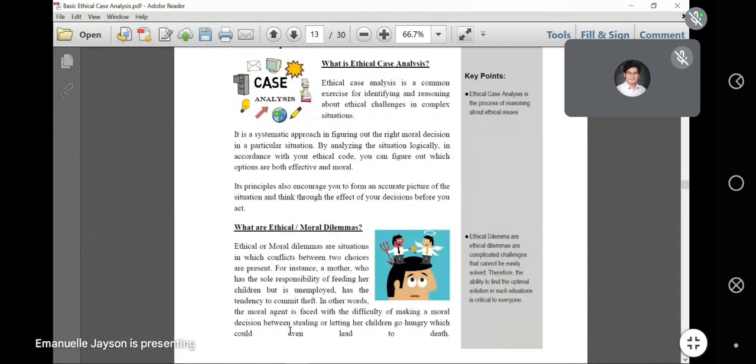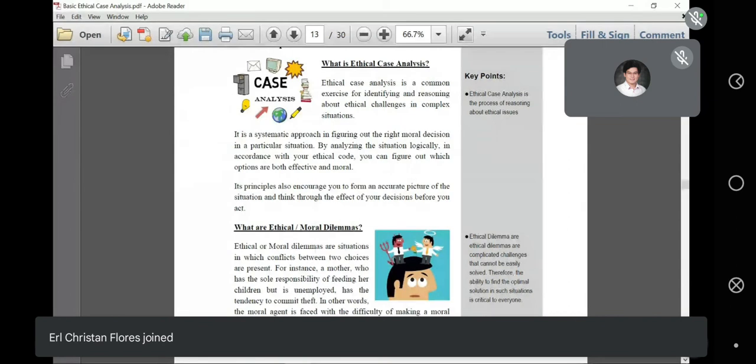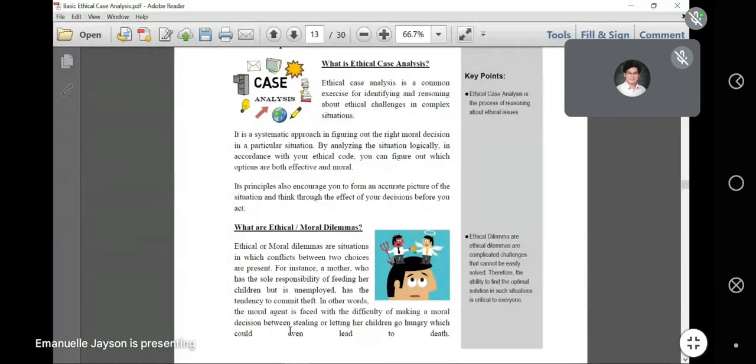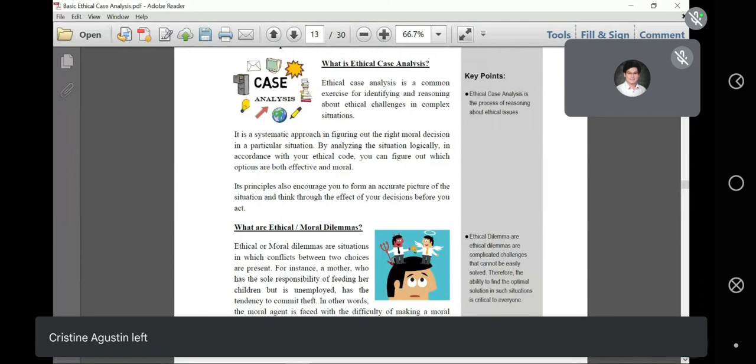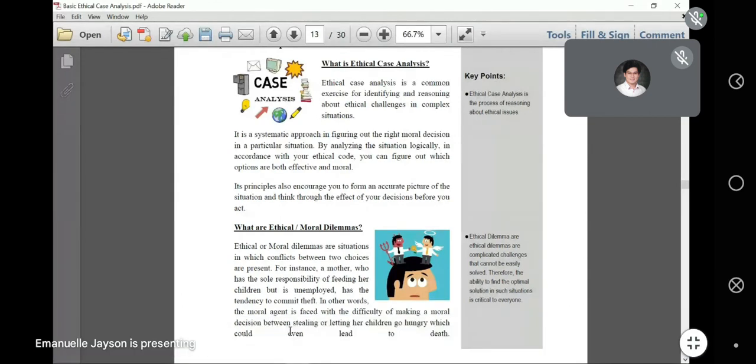Kasi pag sinabi mong starving, para kang you are deprived of food, no? Kumbaga, walang-wala, kaya you are starving to death, no? Pinagkaiba na naman sa hungry, ang hungry naman momentarily lang. For example, wala pang oras ng pagkain, ikaw ay estudyante, nasa klase ka, you are hungry. Hindi mo pwedeng sabihin you are starving.